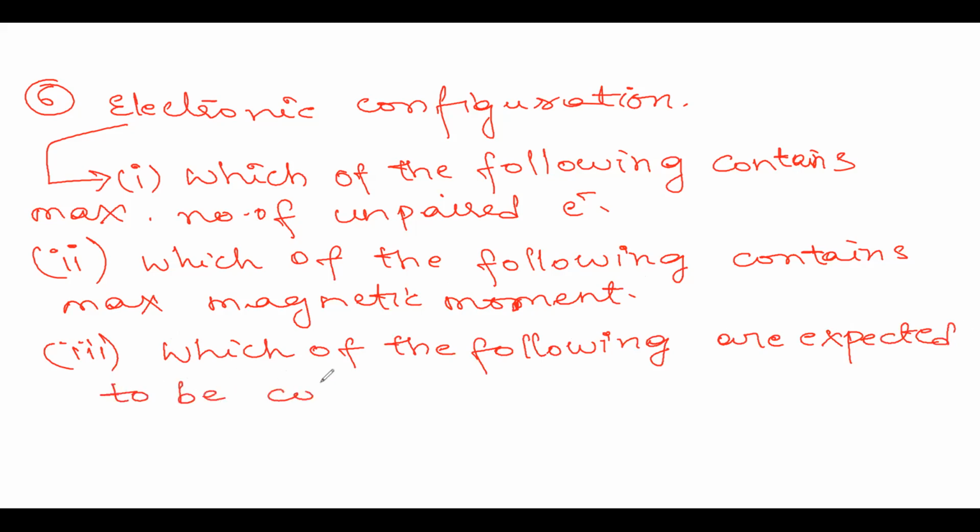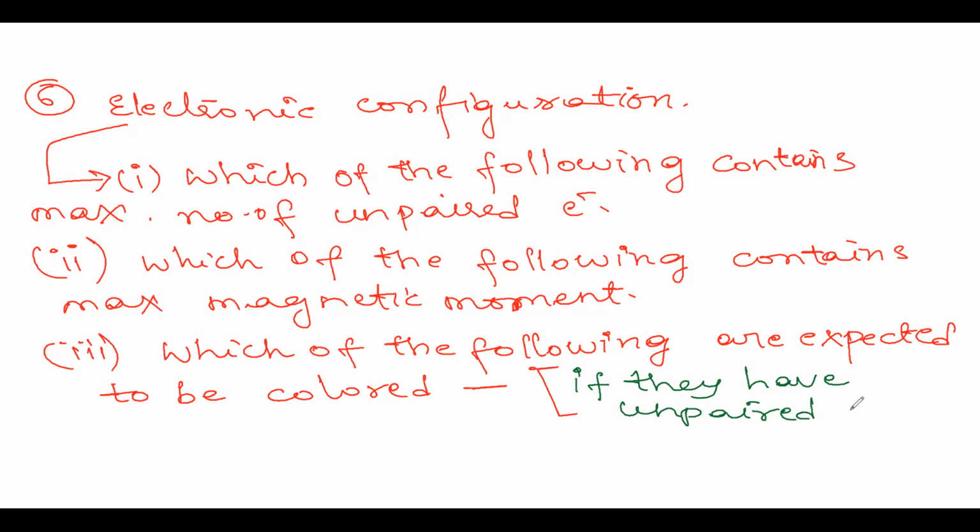If they have unpaired electrons, they are said to be colored. In brackets, I'm writing the answer: if they have unpaired electrons. Either it can be 1, 2, and so on. So if they have unpaired electrons, they are said to be colored.